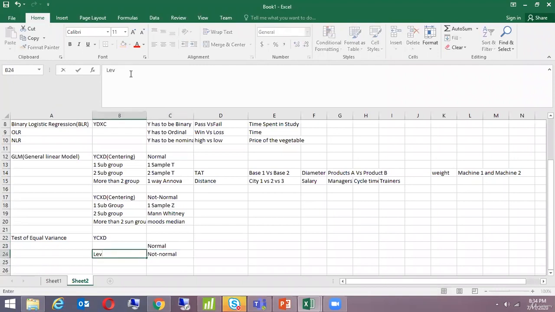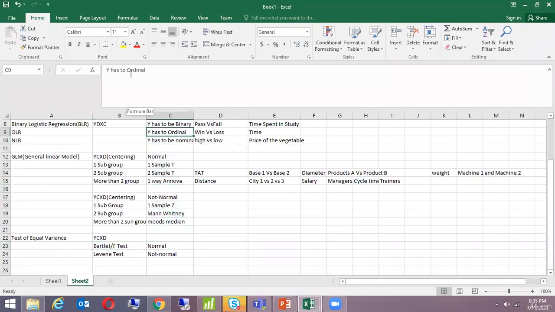It is Levene's test, and here just the name of the test has been changed recently. Bartlett's test, which is the test of equal variance. The test remains. We get to know that in case of normal, we have to look at these observations. In case of not normal, we have to look at these observations.